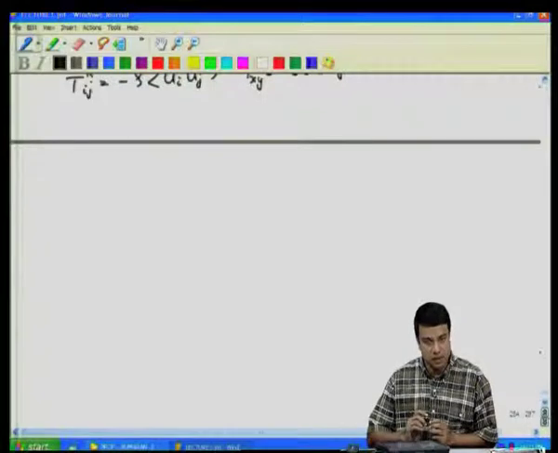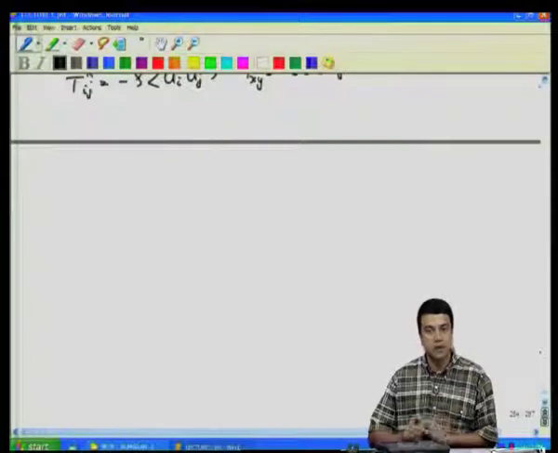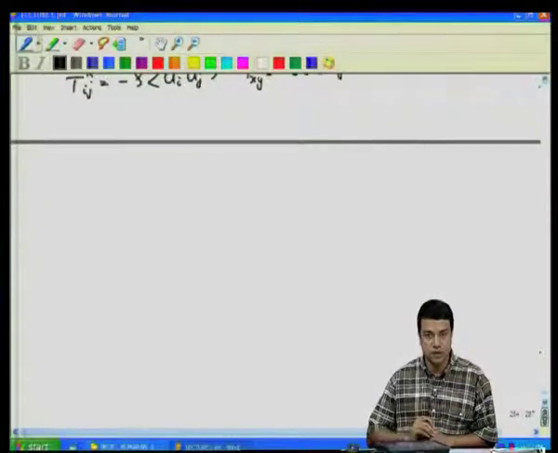So, we next looked at the mechanism by which velocity fluctuations are generated by writing down equations for the mean kinetic energy and the fluctuating kinetic energy.